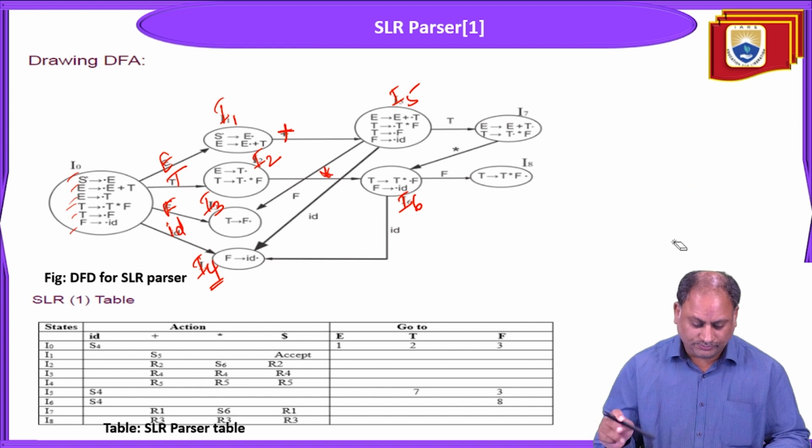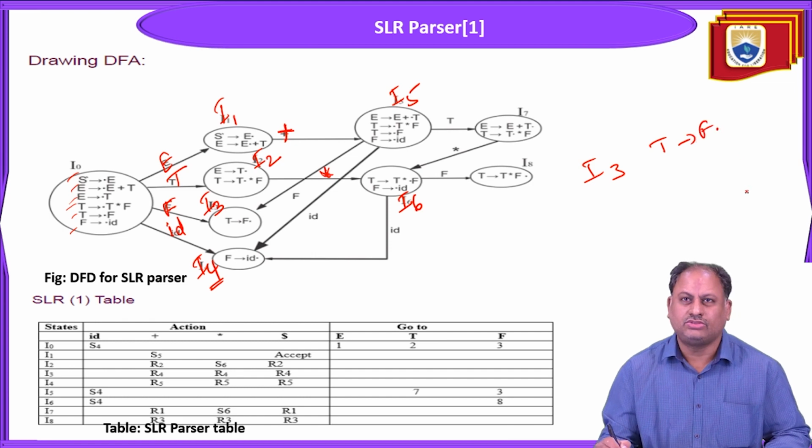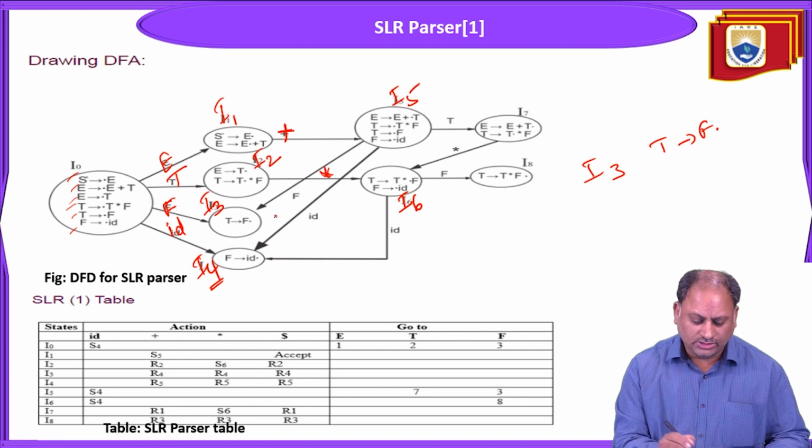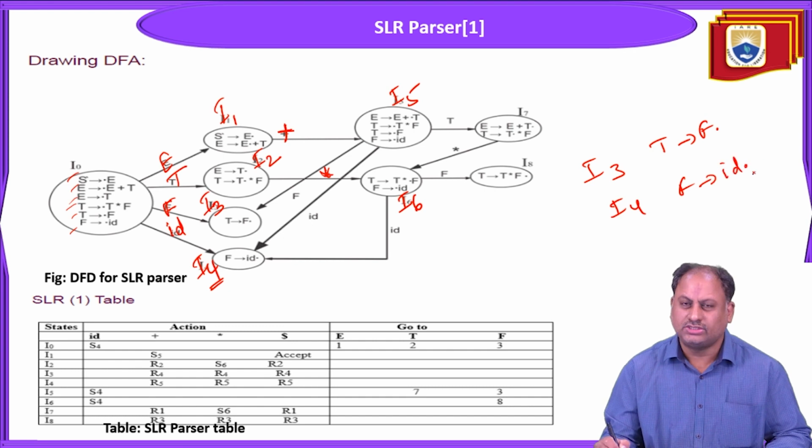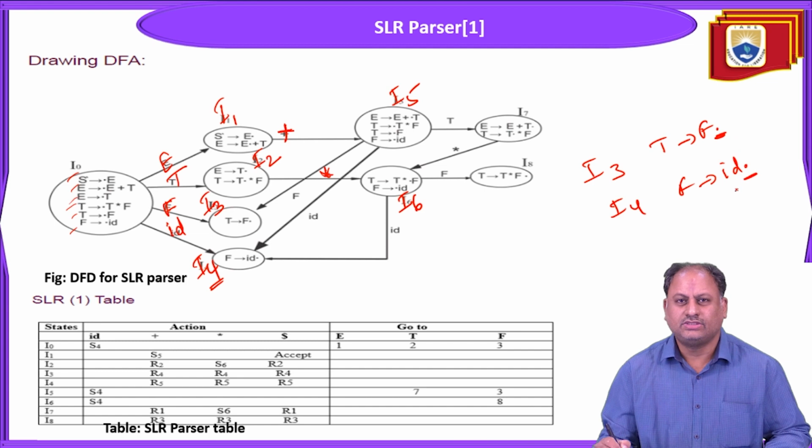If you observe I3, it contains the rule T derives F dot, so there is no need for further closure operations on I3. In I4 also, the rule F derives ID dot has the dot reached the end, meaning there are no further symbols after it.